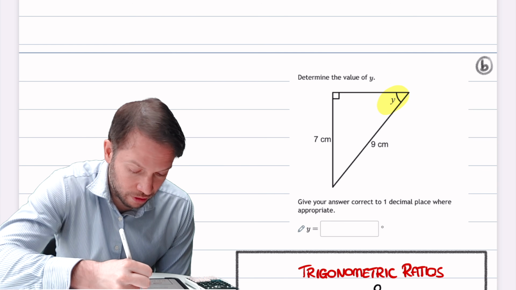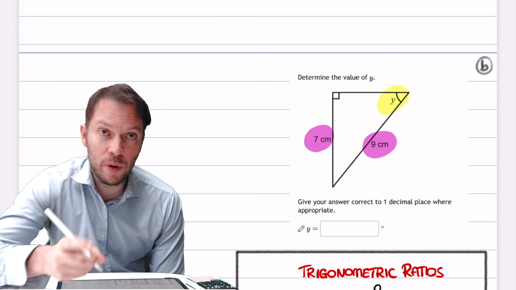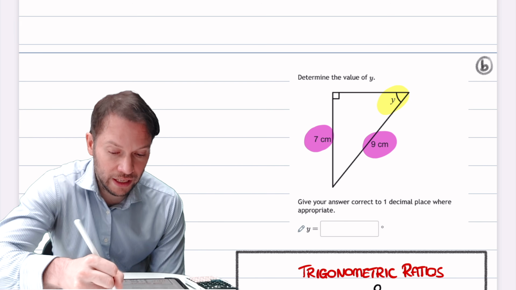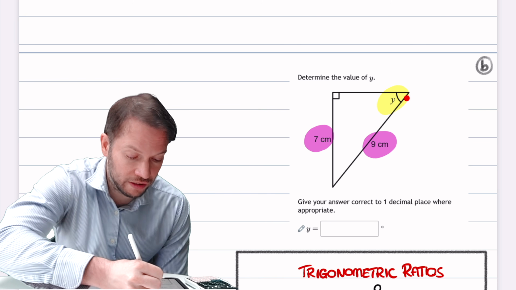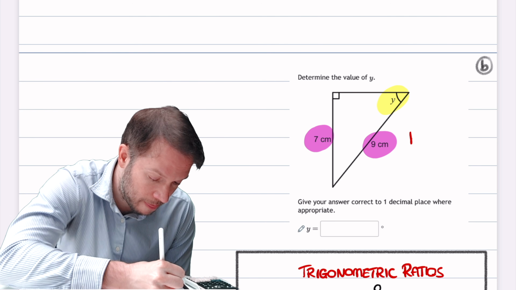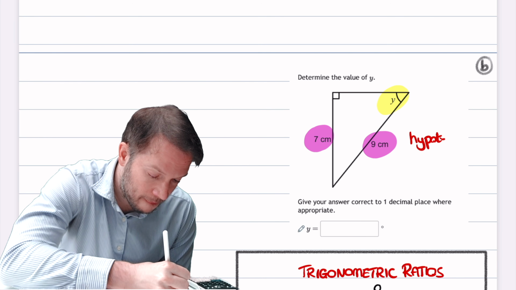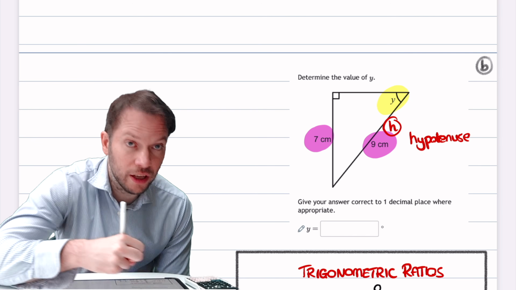So we can see that we've got this side of 7 centimetres and this side of 9 centimetres. And remember what we did? We labelled the sides relative to this angle of interest. So this longest side of the triangle is known as the hypotenuse. And I put a little h for short in a circle.